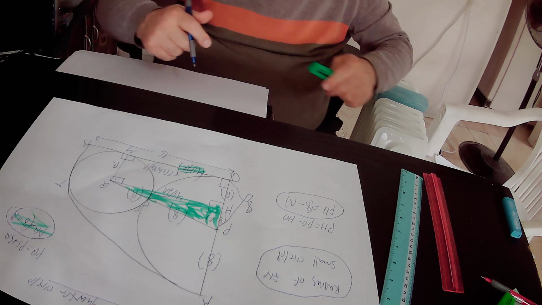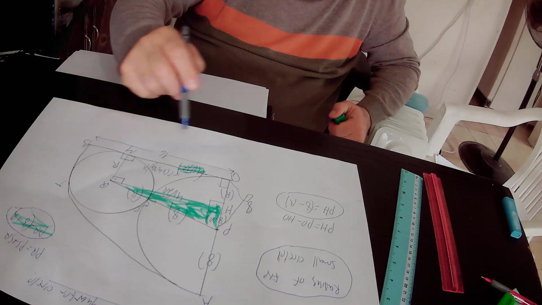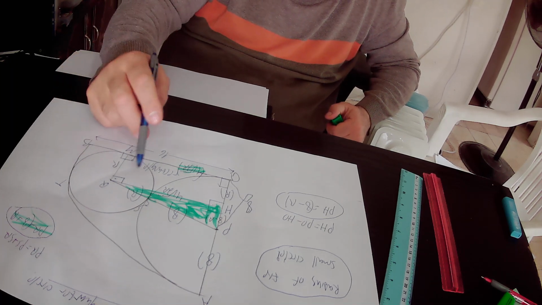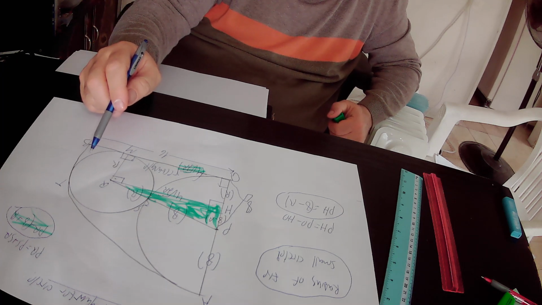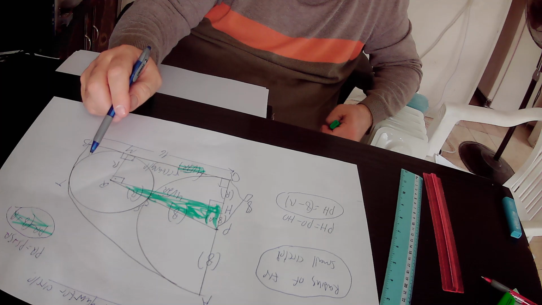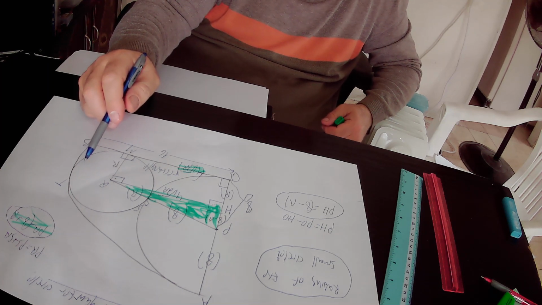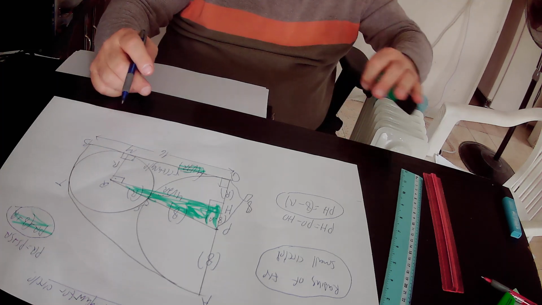Here, the small circle touches the big quarter circle at point T. Point T is the point of tangency of this small circle with the big quarter circle. Actually, they touch each other internally at point T. Therefore, they have an internal touch between them at point T. Whenever we have an internal touch between two circles, then you can implement rule 9.